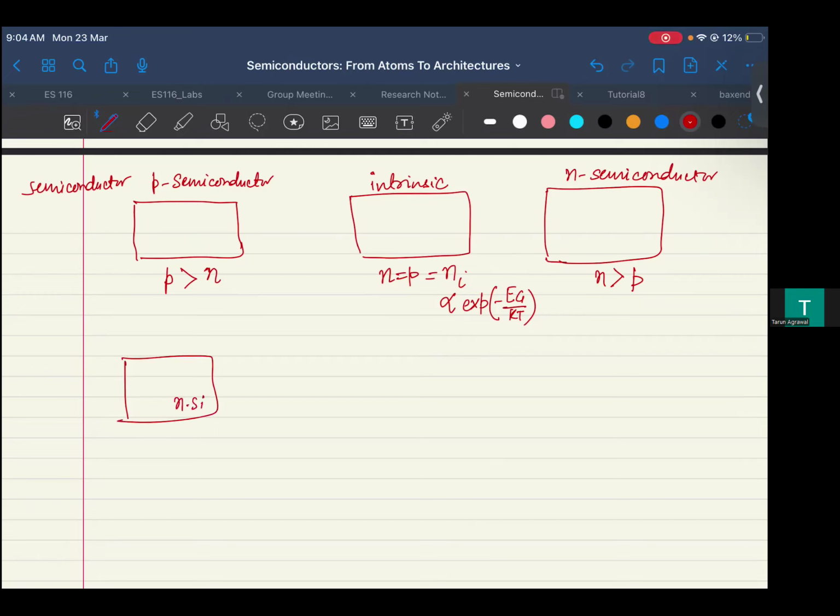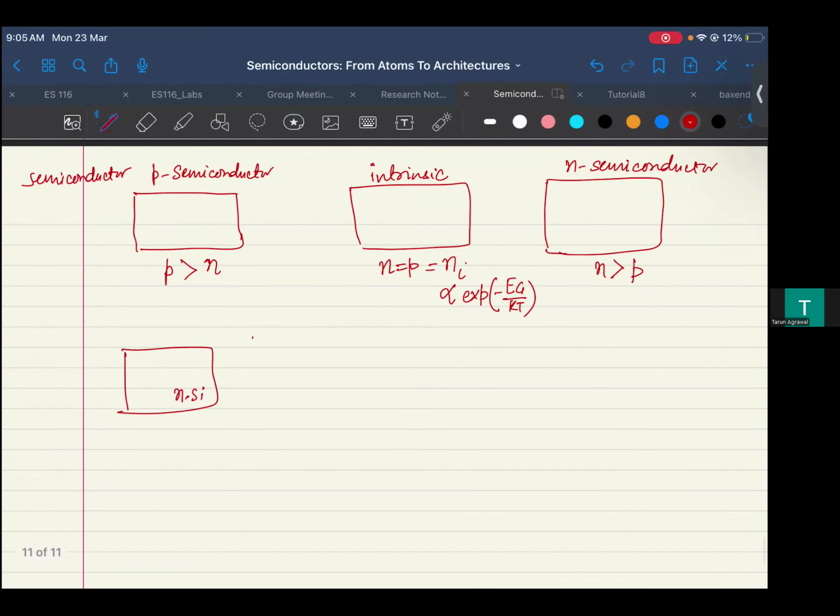Silicon is a semiconductor. If I'm touching this, do I feel the charge? Because it is an N type, you are telling me electrons are more than the holes, so I should feel a charge, right? But the reality is that no, you don't feel the charge. Why is that so?